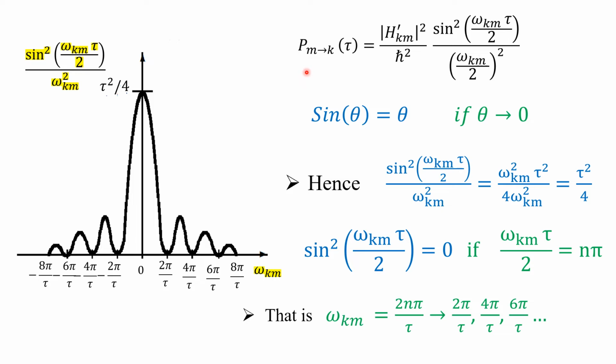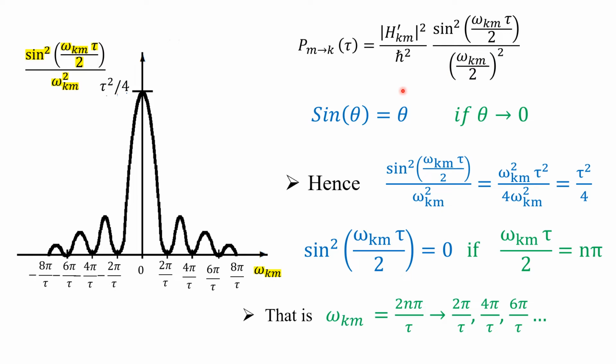We have seen that the transition probability for moving the particle from the mth state to the kth state is equal to the modulus square of H'_km divided by ħ squared, sine squared of ω_km tau over 2, divided by ω_km divided by 2 whole square.